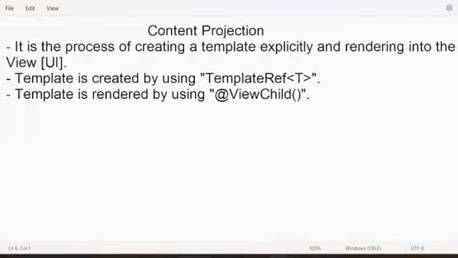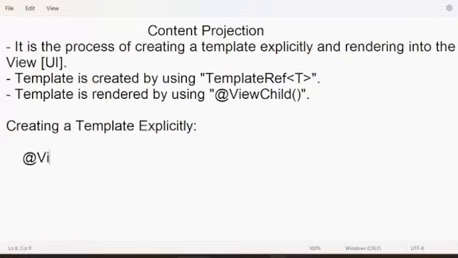First, I will show you a basic example. Then we will implement a real-world example. First, we will see syntactically how it works. First, how to create a template. Creating a template explicitly, for that you need a simple marker like this: @ViewChild, and it needs a public member with any name.